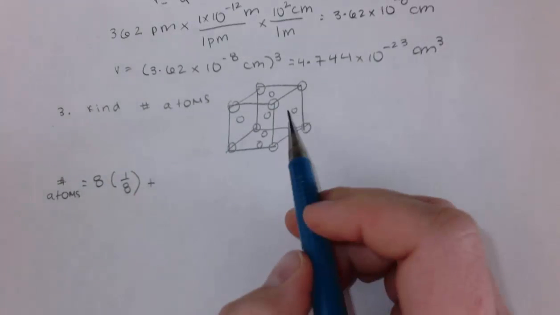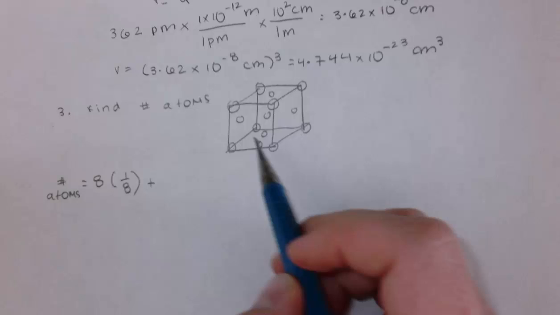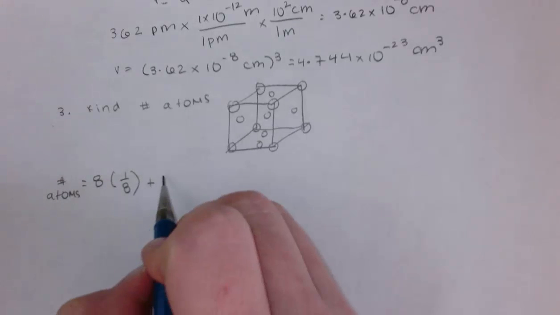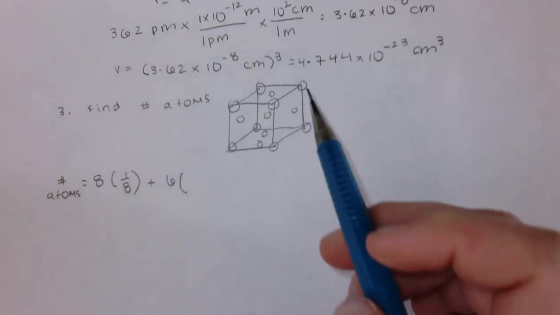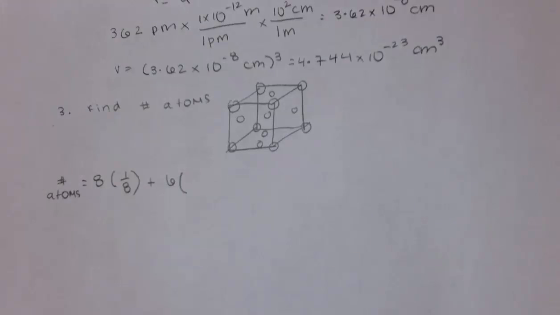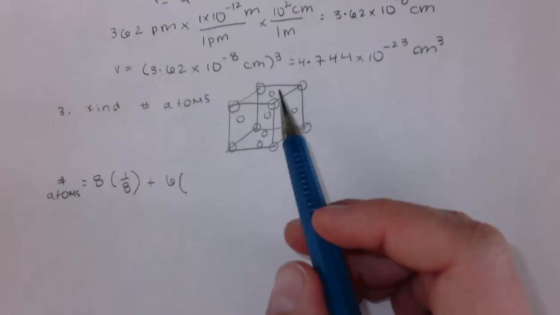Then we know that we have 6 atoms on every face, which, sorry, is a little bit hard to draw for me. And we know that each atom on each face only has 1/2 of it in this unit cell.